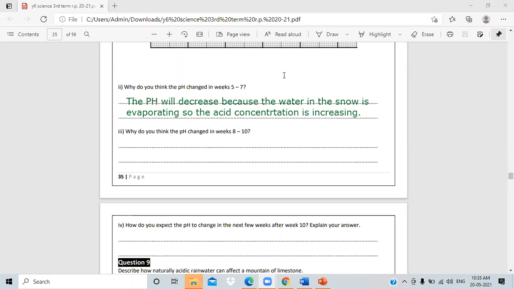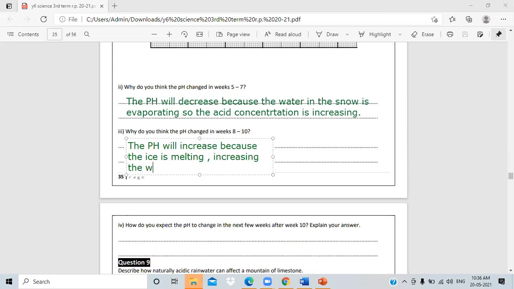Yes, so the ice is melting, so the water is increasing. So what's happening to the acid concentration? It's decreasing. Decreasing, exactly. Thank you so much. Because it's getting diluted. So the pH will increase because the ice is melting, increasing the water volume.